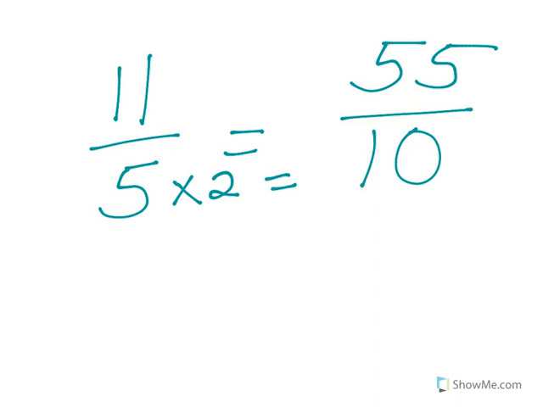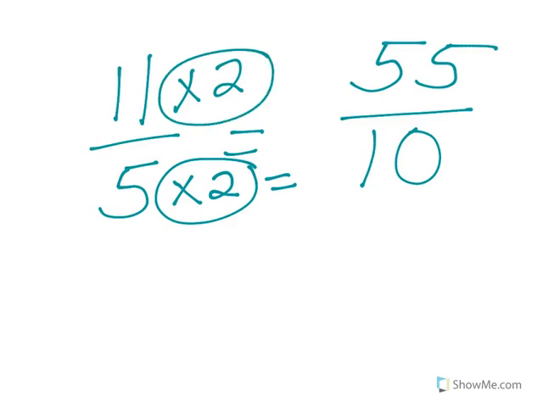What I do to the bottom, I do to the top, right? If I multiply the bottom by 2, I would multiply the top. 11 times 2 is not 55. So therefore, they are not equivalent.